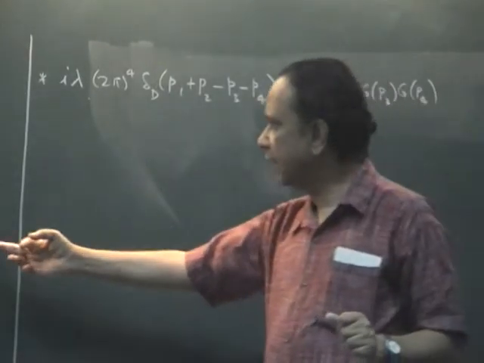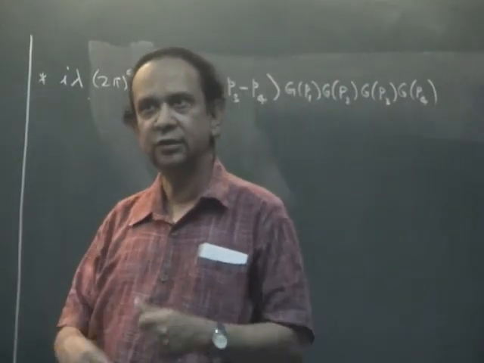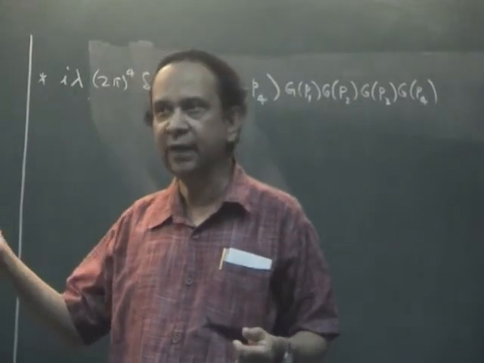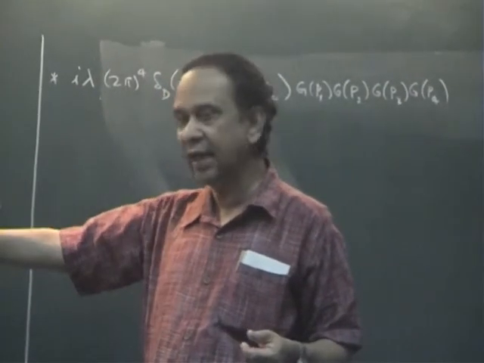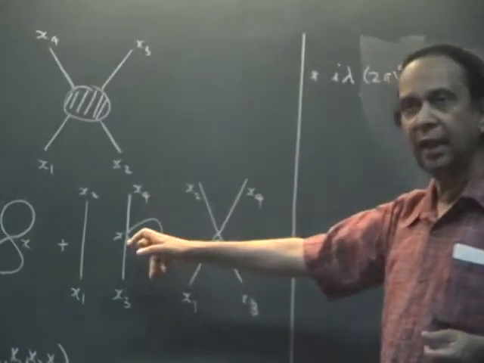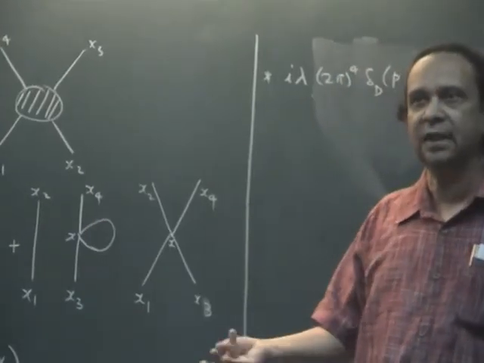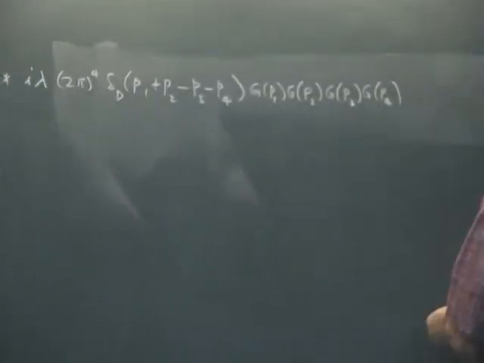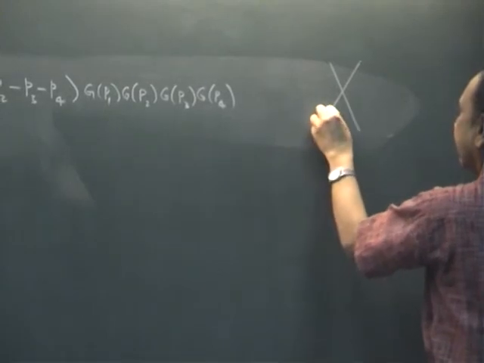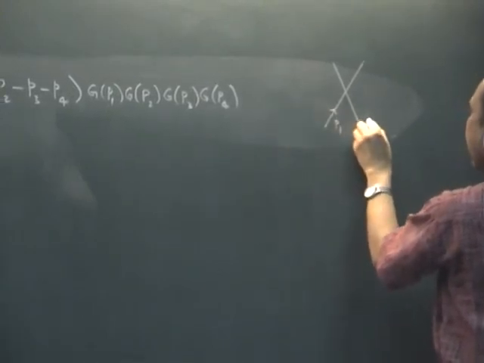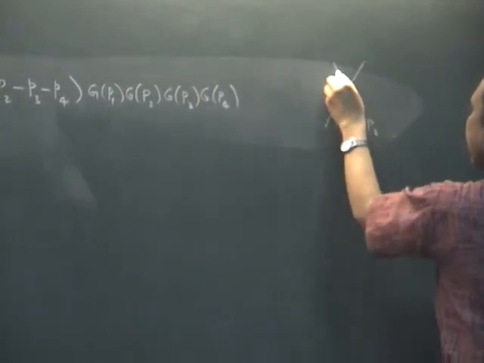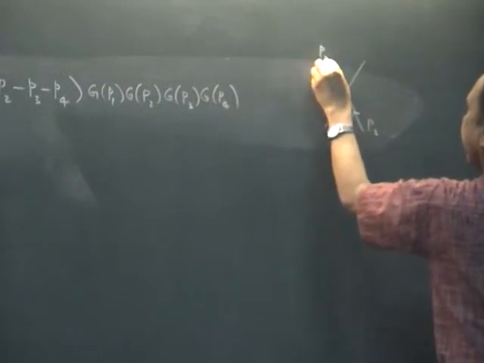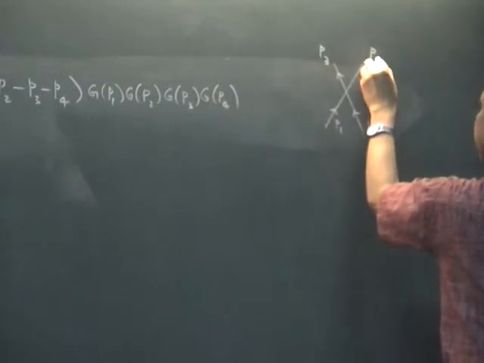This is one case where there is no loop. So there is no internal integration. Remember yesterday we did a 2-point function. One of those diagrams had an integration over that P because that momentum was not fixed. Here all that we are saying is that this corresponds to a diagram like this, where you have a momentum P1, momentum P2 flowing in, and momentum P3 and momentum P4.